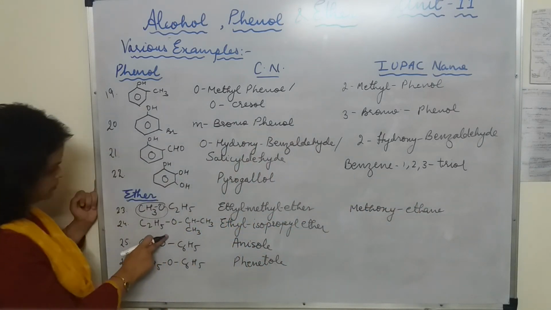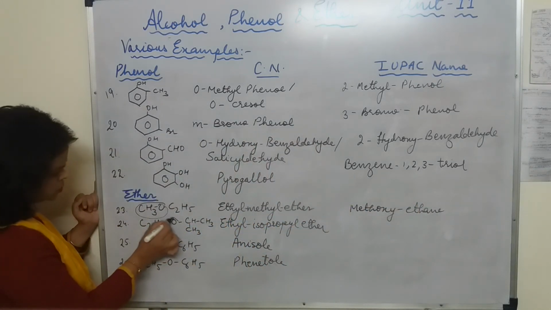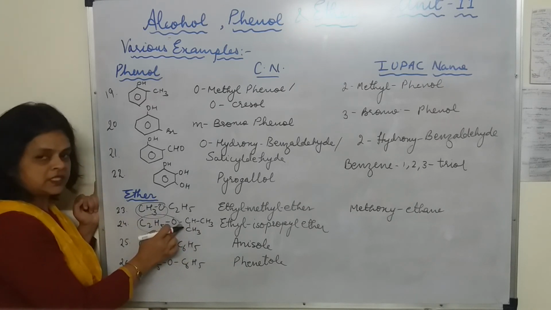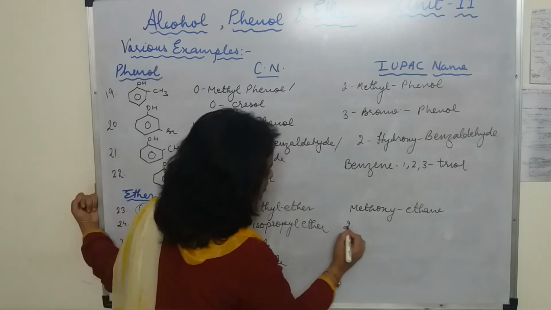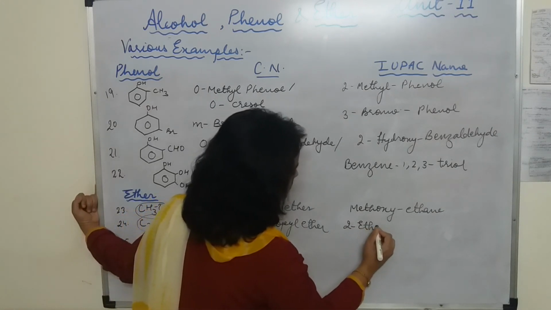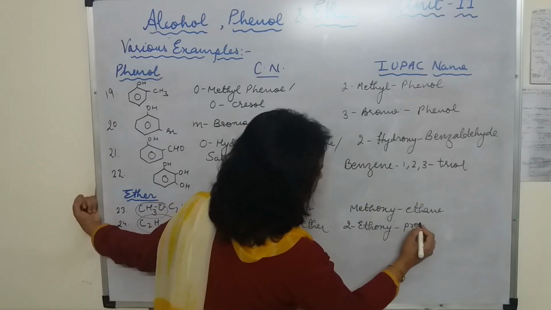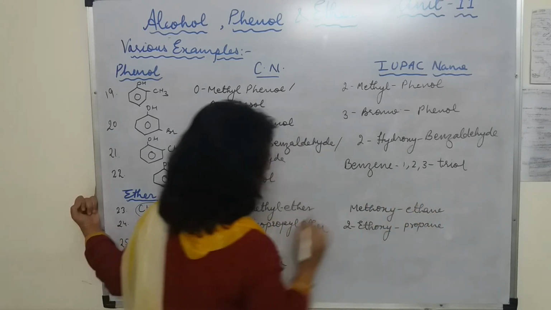Okay. Now, here this is the smaller group. So, it is ethoxy and propane, because it is attached to second carbon. So, we will write 2-ethoxypropane. Okay.